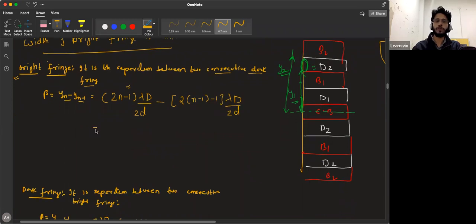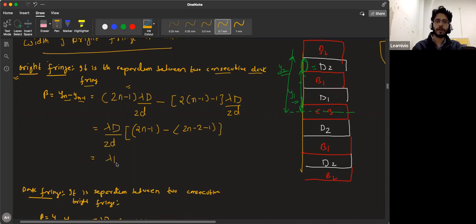Now, you can take this lambda D by 2d as common. So you have 2n minus 1 here, minus, here you have 2n minus 2 minus 1.